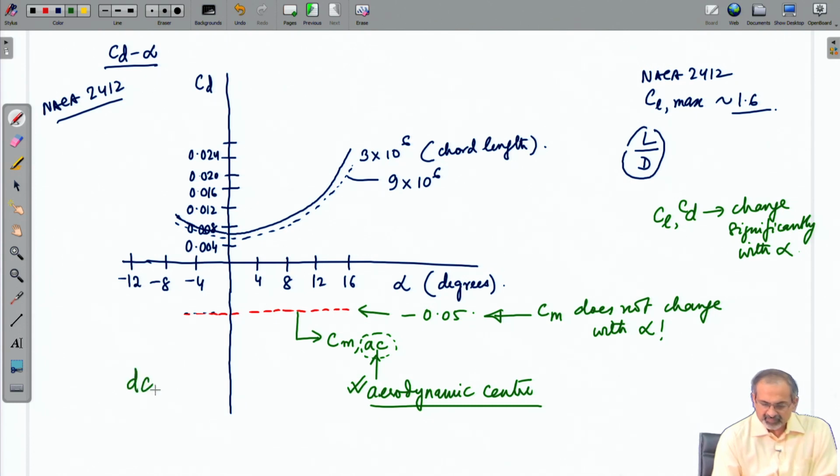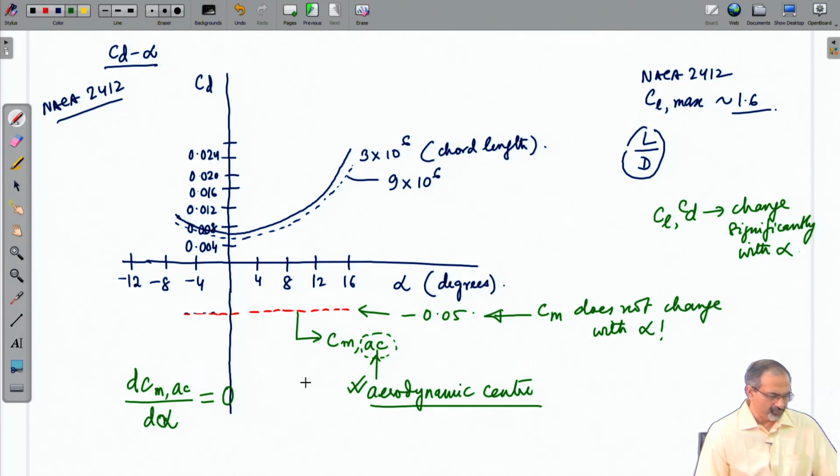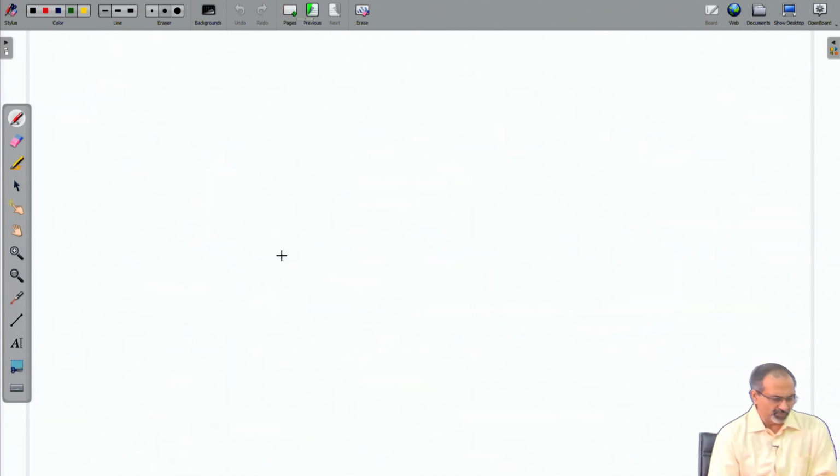That means, there is this special point somewhere on the airfoil about which if you take the moments of the forces, then the d CM AC d alpha will be 0. Now, how do we try to identify where this point is?